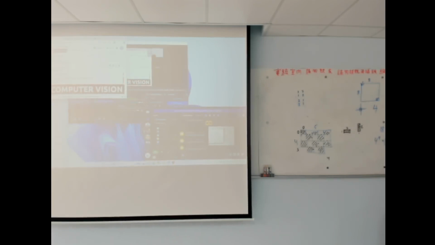What you indicated, and the center, right? Which means we need to know the x and y coordinates of the center as well as the radius. So that means we have 3 parameters. For a line, we only have 2 parameters, right? A and B, or theta and rho, 2 parameters.